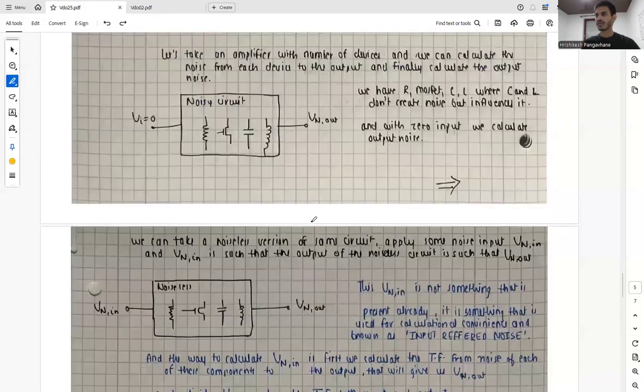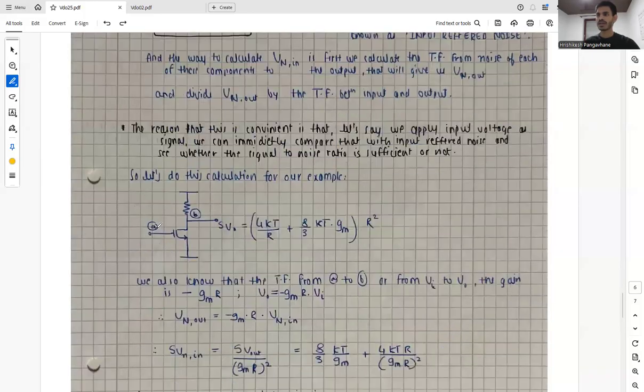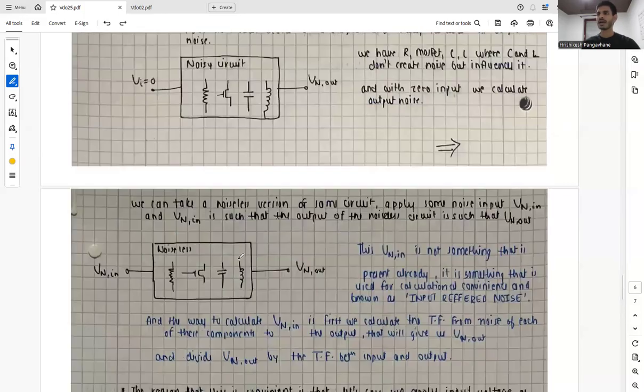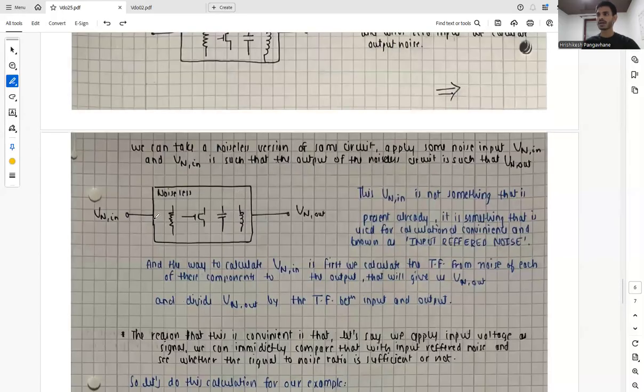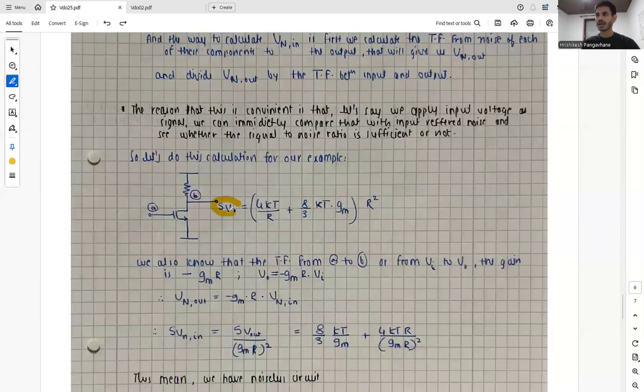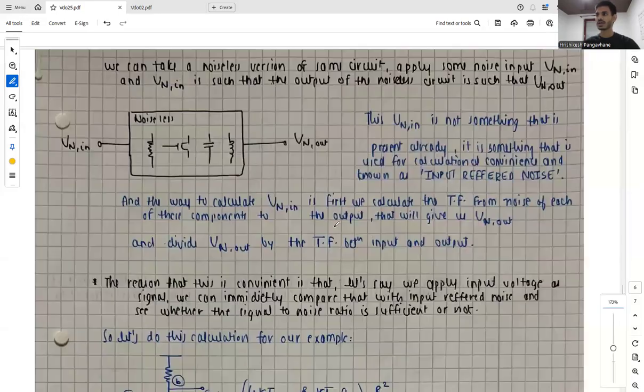So what is happening over here? Now we have points from A to B, and we have a transfer function from A to B, which is nothing but minus gm r, as this is a common source amplifier. And we said that there is no C over here, but we know that at the output we are getting this equation.